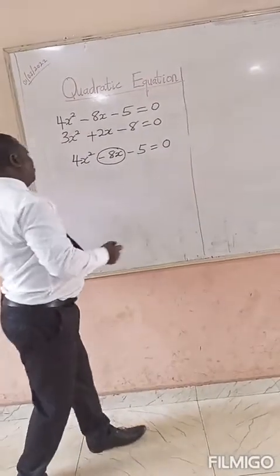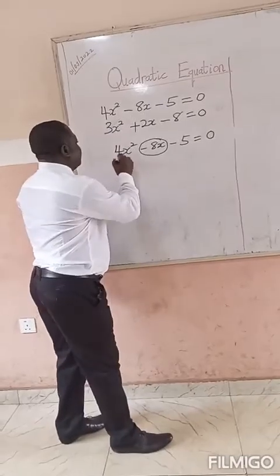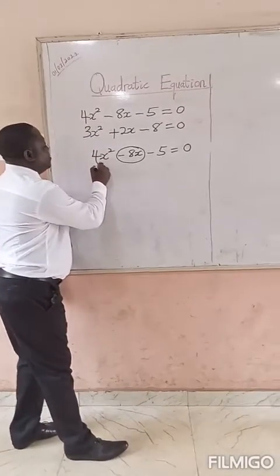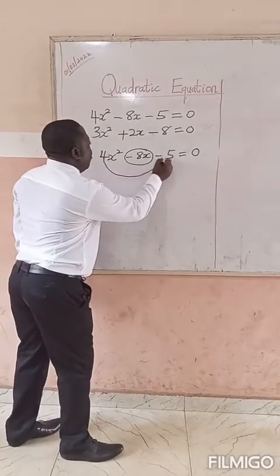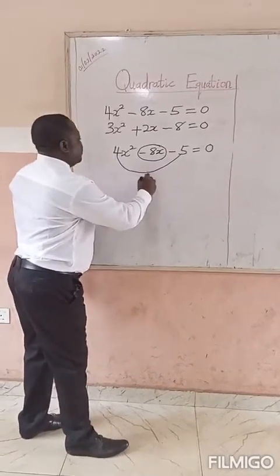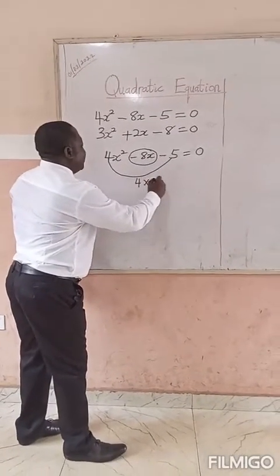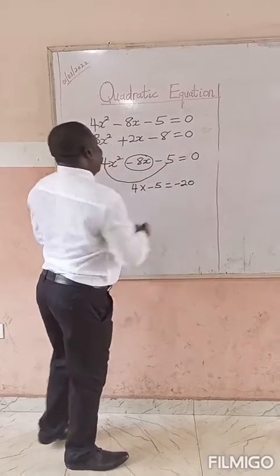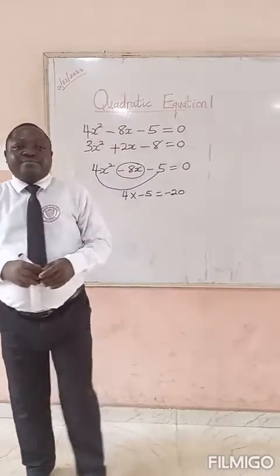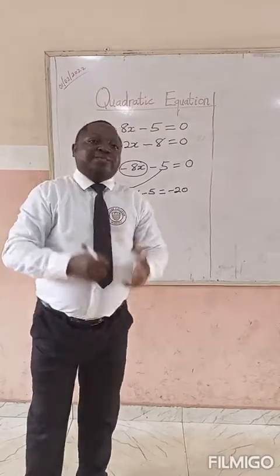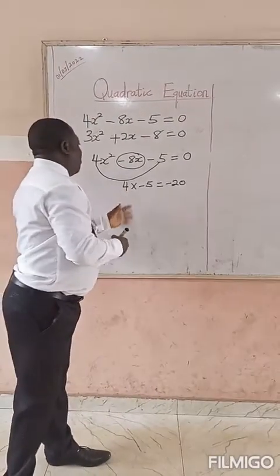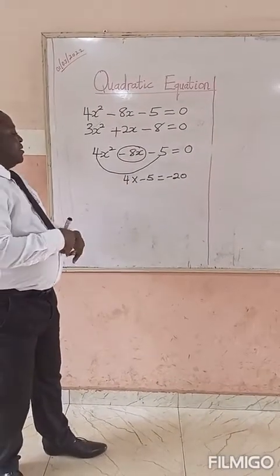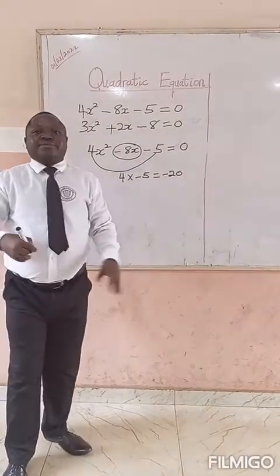So now, the first step is to multiply this coefficient by the constant here. And that is 4 times minus 5. 4 times minus 5 is equal to minus 20. Then we want to ask, what two numbers can I multiply to get minus 20?